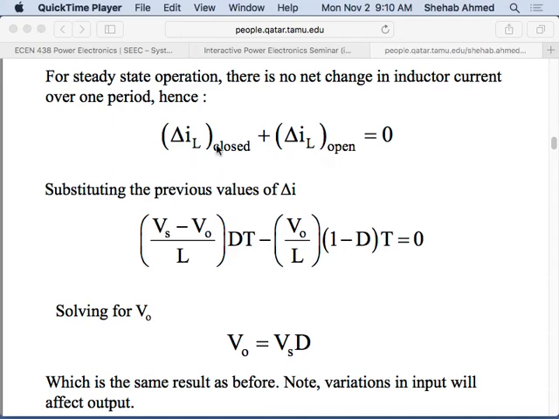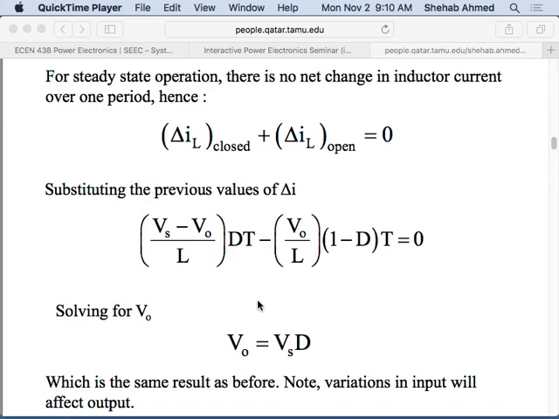But we have two equations now that contain certain variables that are interesting to us. So this equation is Vs minus V output over L. This equation is V output over L times 1 minus D times T. I end up with what? If I solve for V output, I end up with this simple equation. So you go ahead and solve it.